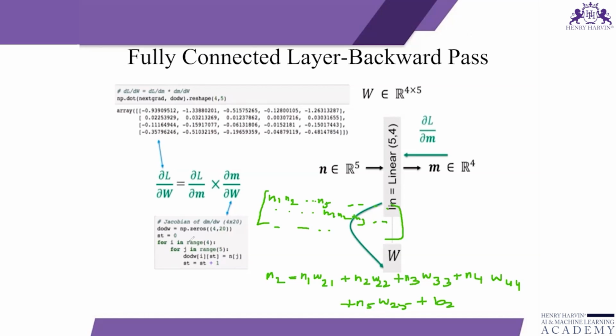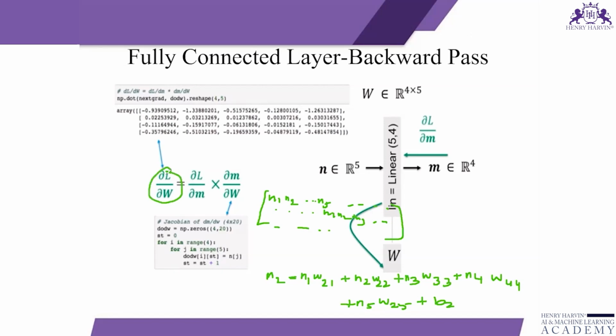We can multiply these because this is 1 cross 4, and this is 4 cross 20, so it gives us 20 elements. These 20 elements are exactly the size of our weights, and once we have them, we are able to use them to update our weights.